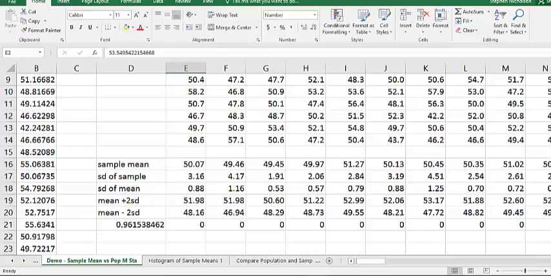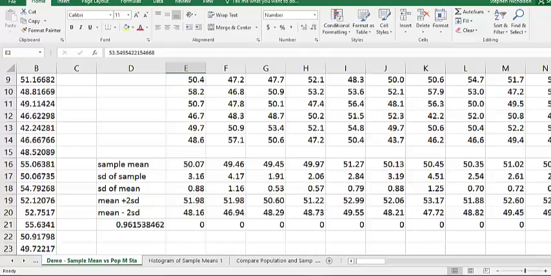So I'm doing the same procedure that we've just gone through, for each one of these samples. We only did it for one sample. So the first thing you do is calculate the sample mean, the sample standard deviation, and the standard deviation of the sample mean. So this number is that number divided by the square root of 13.